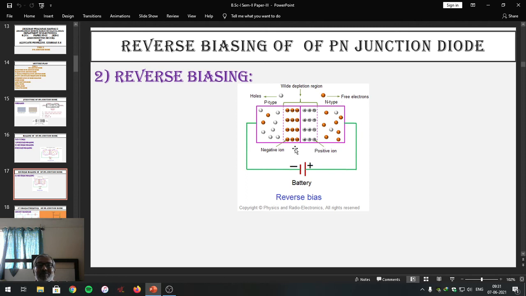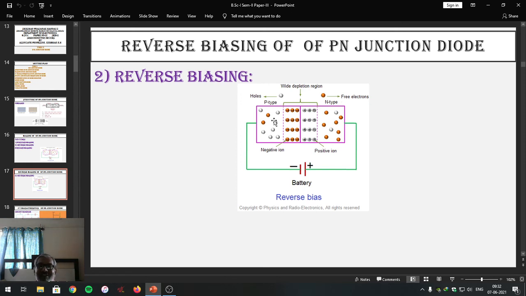According to that, if external battery voltage is increased much more, it will break the junction, it will break the depletion layer. When the reverse voltage at which the depletion layer is broken, current will start conducting because of the minority charge carriers.